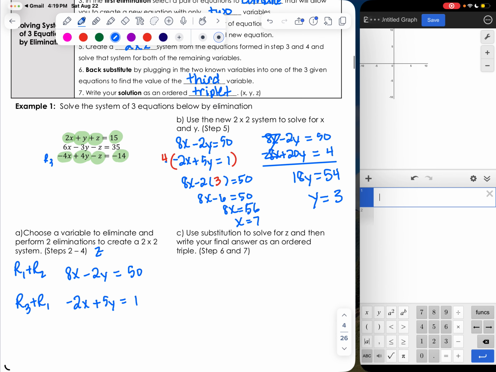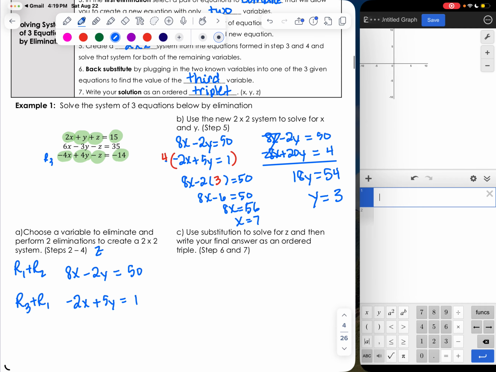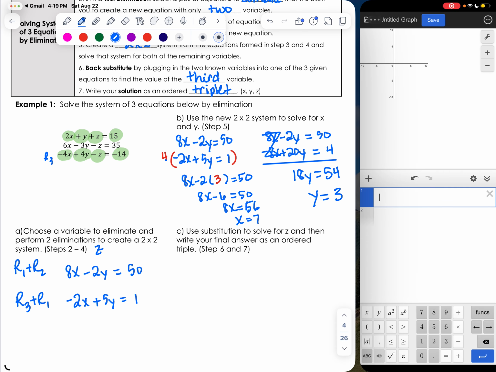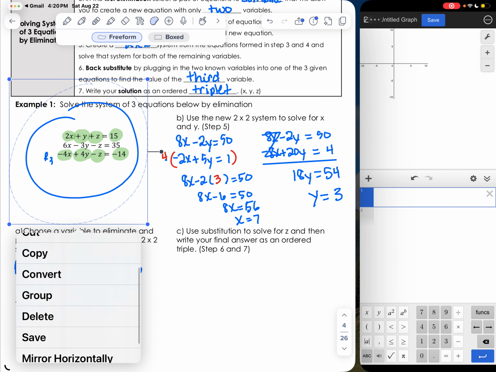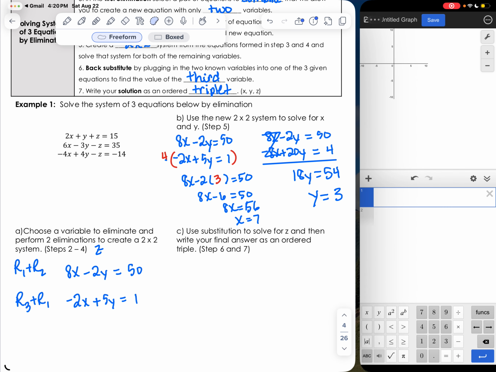So now we're going to do step 6, back substitute, by plugging in the 2 known variables, that's the 7 and the 3, into one of the 3 given equations. So you're going to go back to this original equation here, at the very start of the problem, and you're going to plug those 2 values into any one of the equations you want. I'll just choose the first one.